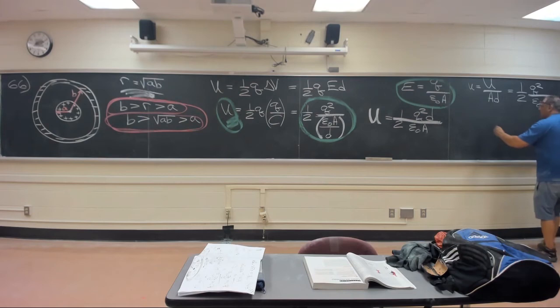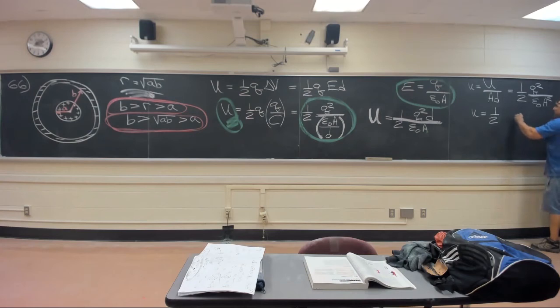Let's match it up. 1/2 Q squared over epsilon naught A squared. Multiplied by epsilon naught on top, multiplied by epsilon naught down here, this becomes epsilon naught squared.